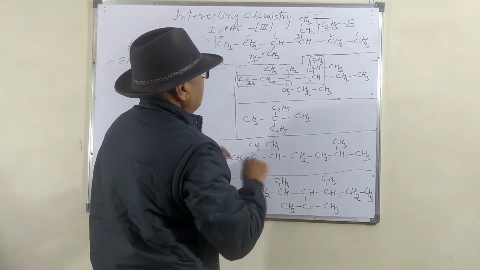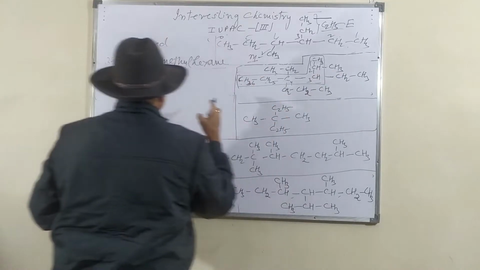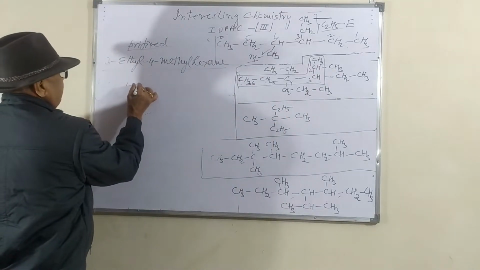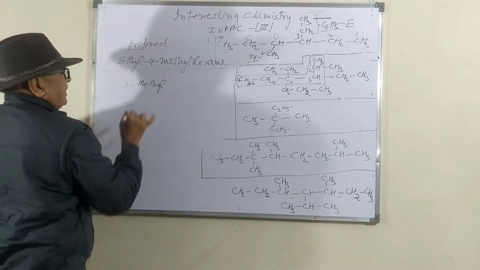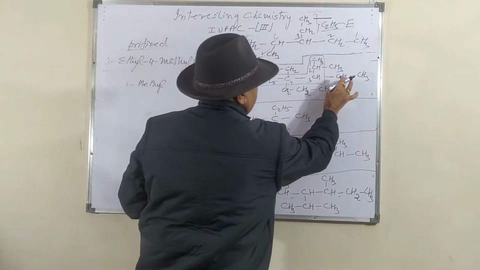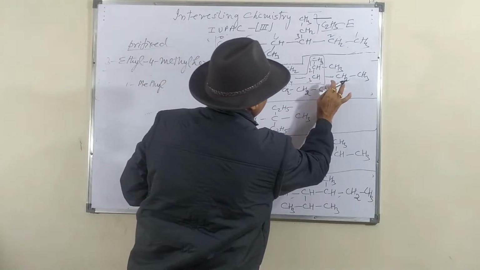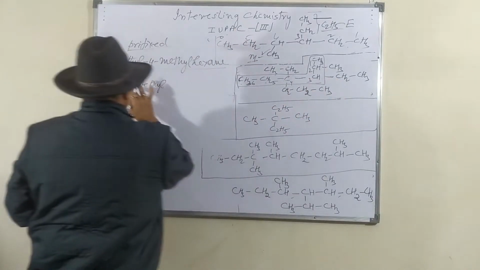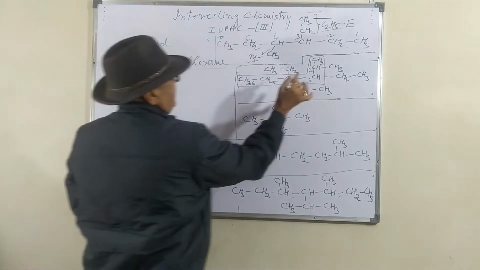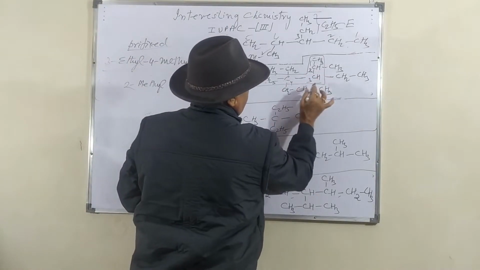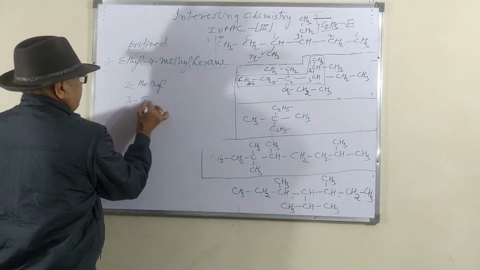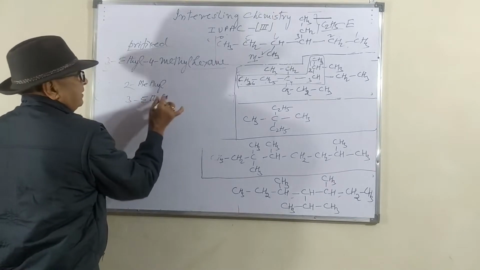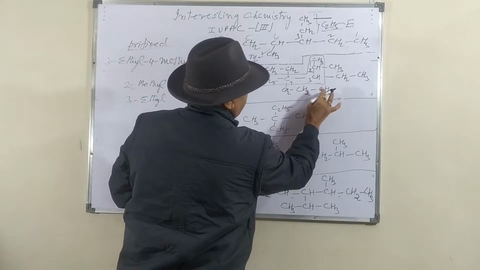What is on number 1? This is methyl. You will write 1-methyl. Again, this one is 2-methyl, because the methyl group is on number 2, and 3 for 3-ethyl.